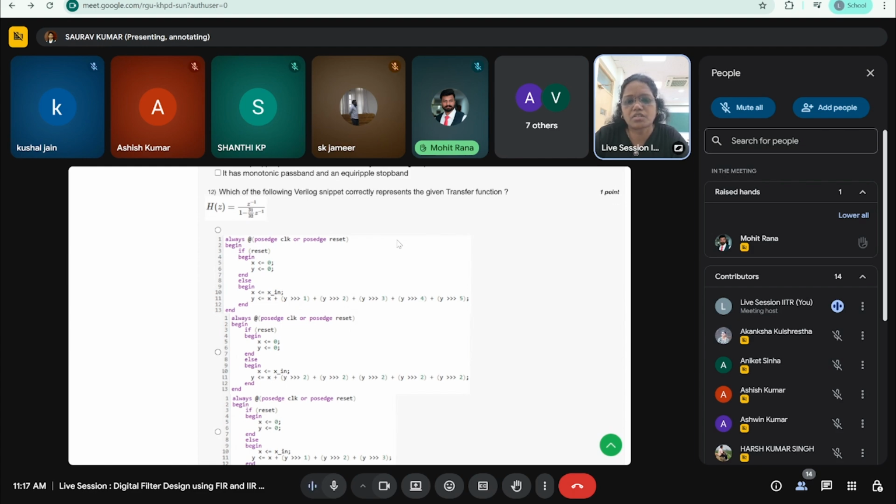correctly represents this. Yes. When you write a Verilog code for an FIR filter or IIR filter, you are supposed to have the equation of the FIR filter and IIR filter in the time domain. The discrete y of n equals something: x of n, some coefficients, the feedforward coefficients, multiplied with the input and delayed inputs in the case of FIR. And how do you represent that equation in the Verilog code?